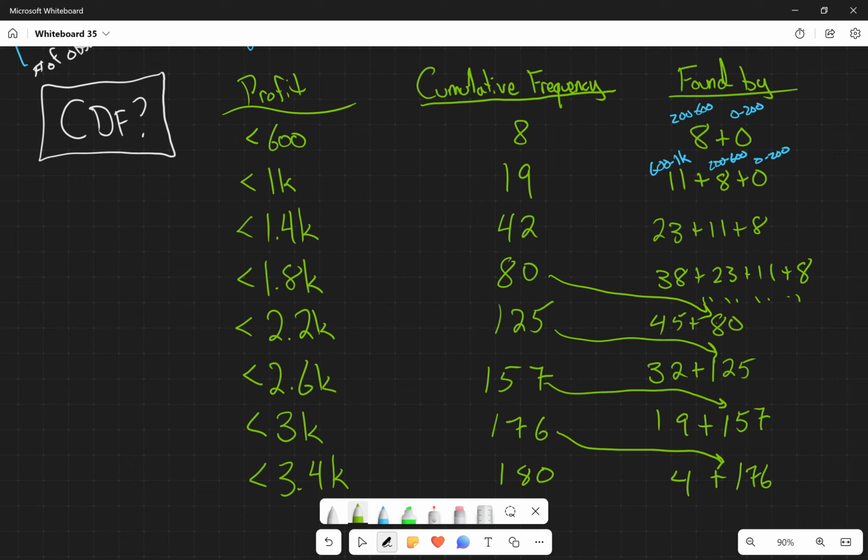Nothing wrong with that. So does that make sense, everyone, how we're getting these cumulative frequency numbers? Okay.